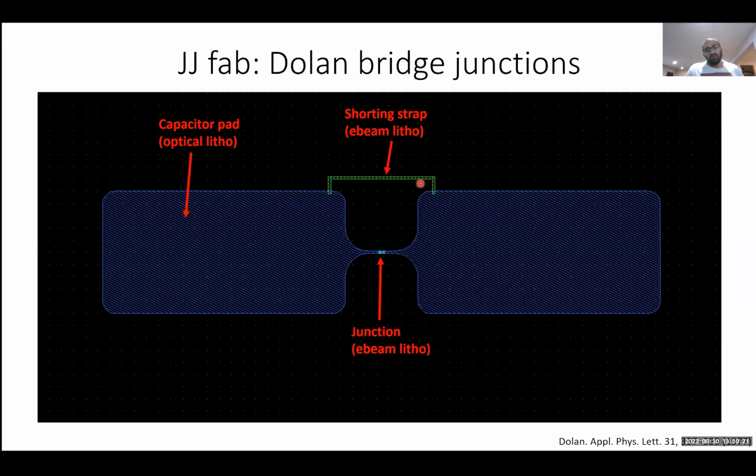So you can argue that the inclusion of a shorting strap is specifically to protect your junctions during the dicing process. But I do want to emphasize that you can accumulate ESD at any step in your fab, and depending on how careful you are and how well grounded your equipment is, this can either be very effective or not really useful at all.